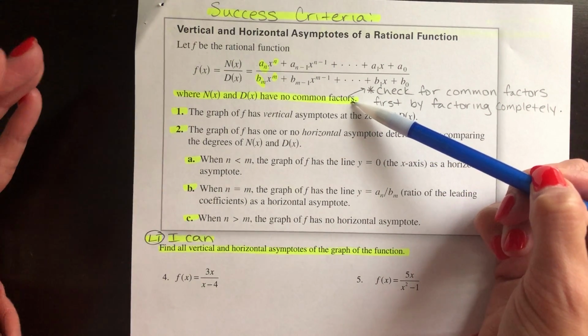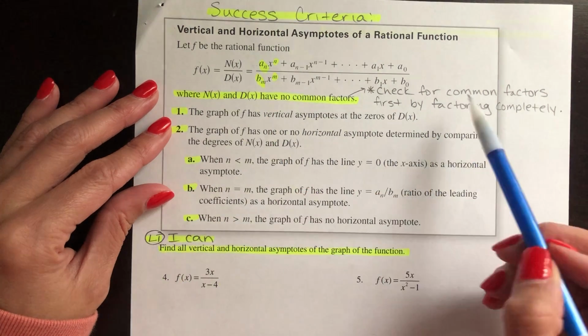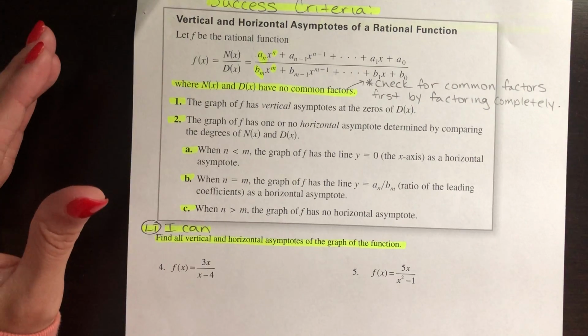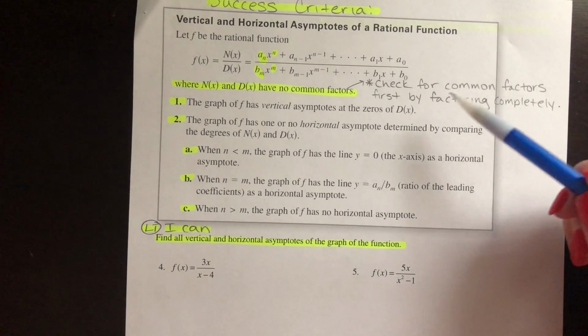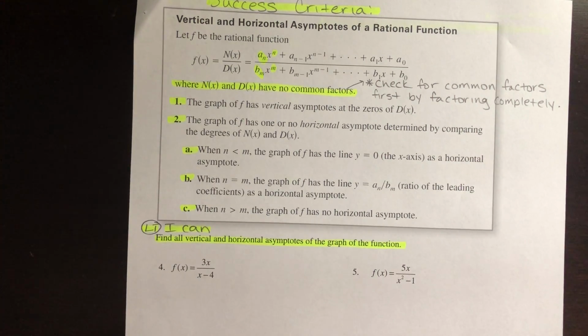To check for this, you want to factor the numerator and denominator completely and see if anything can cross out, and then you would go from there. But if they don't have any common factors, we can follow these steps without having to do this step.